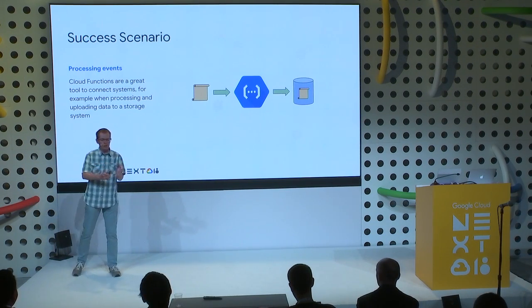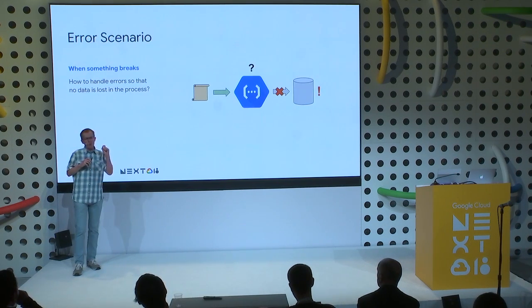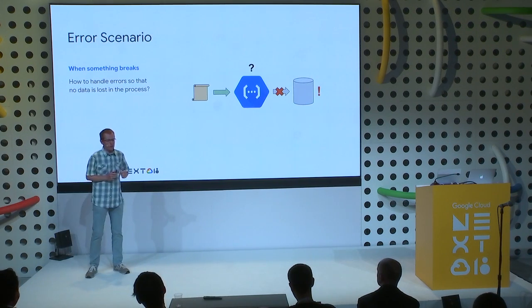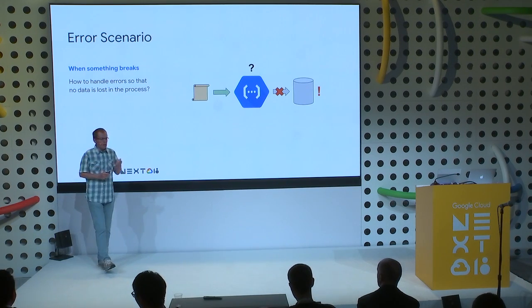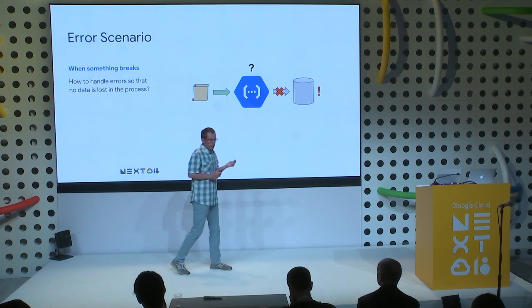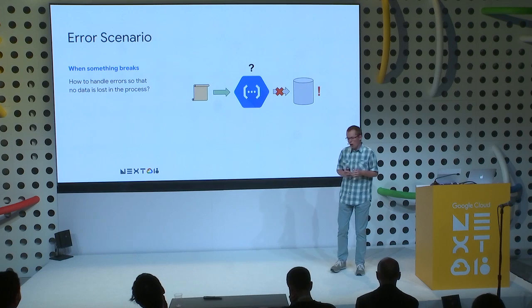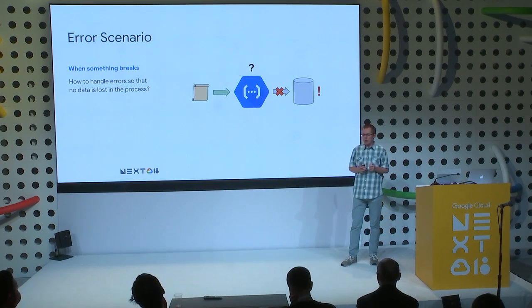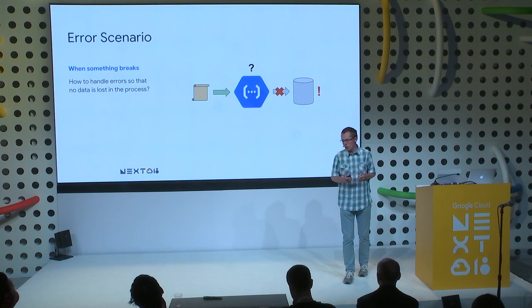The data is processed and then persisted, for example, in a database. But what if an error occurs in this process? Your function may run out of memory, a network connectivity issue may happen, you may get an error response from the service on which you depend. All these issues may potentially result in data loss if the data doesn't make it to its destination.